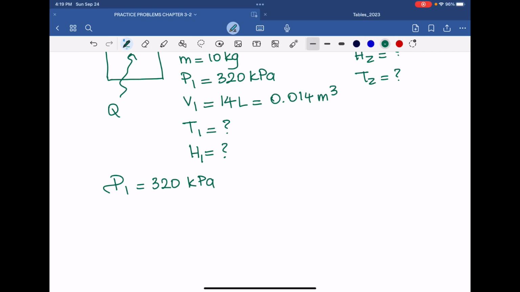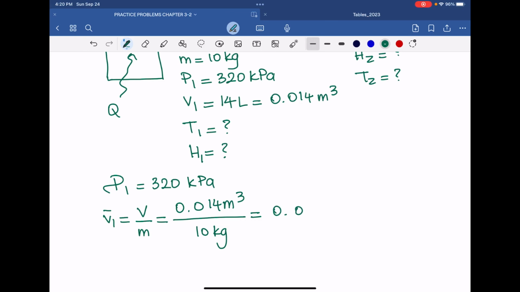That would be the specific volume, because they gave you the volume and the mass, and you should be able to calculate what the specific volume is. Very good. So once we figure out the specific volume, we have the pressure, and we should be able to figure out which tables are going to give us the right values for our properties.